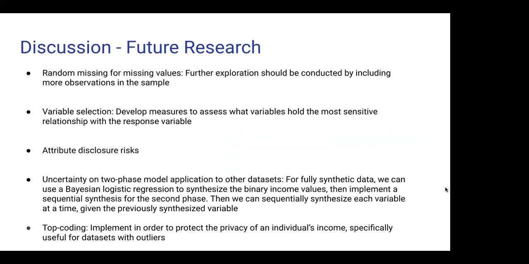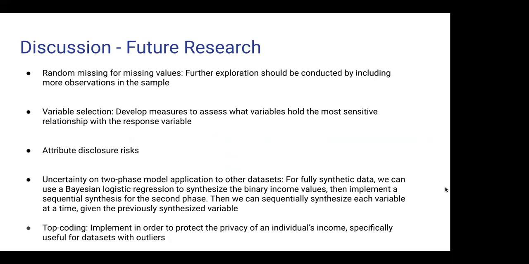And so for the first limitation, for the random missing, we thought about further exploration, so that we can include more observations just to improve the accuracy. And I guess we can also see if there's any significance in the missing values that we have. Next is variable selection.